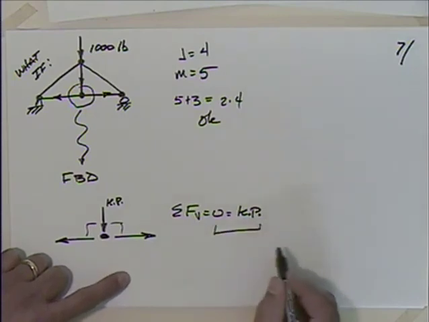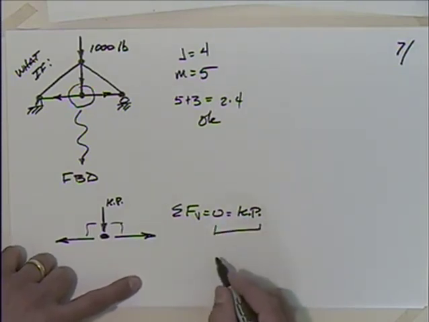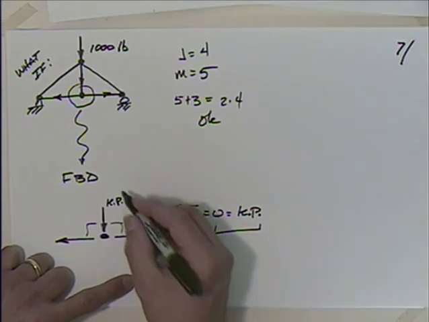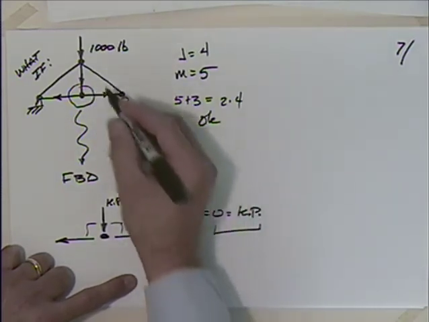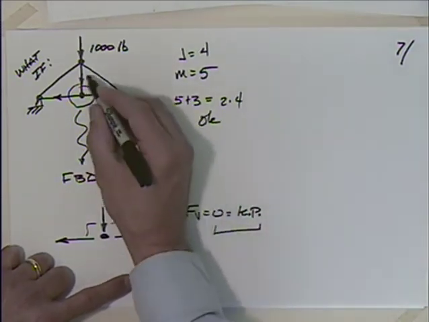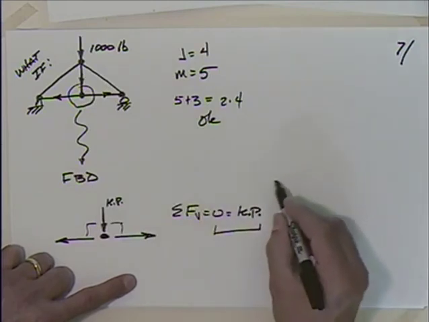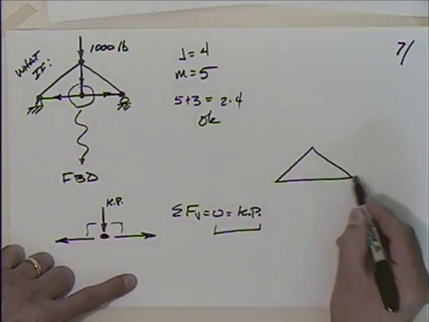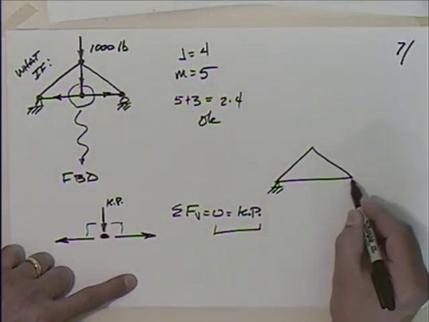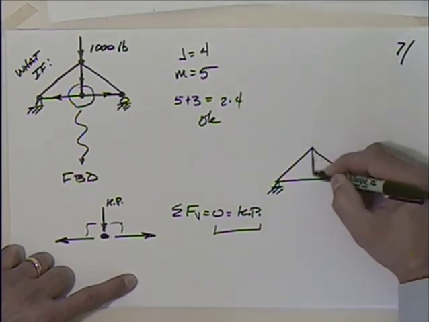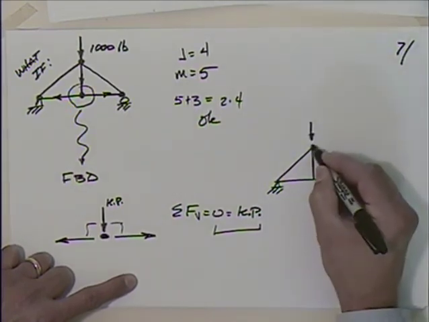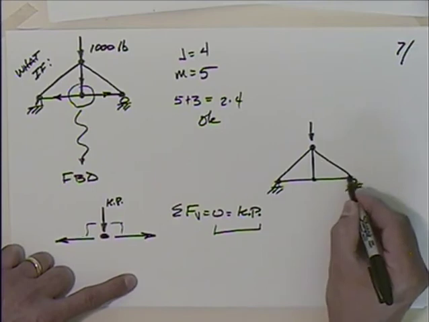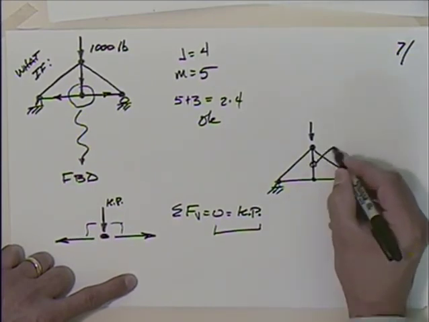So what do we recognize? We recognize that the force in the king post, this force, is 0. And we have what's known as a zero force member. That this loaded like this is a zero force member.